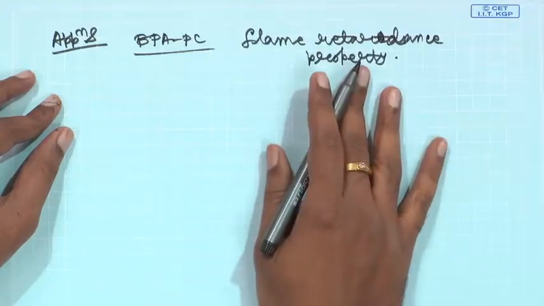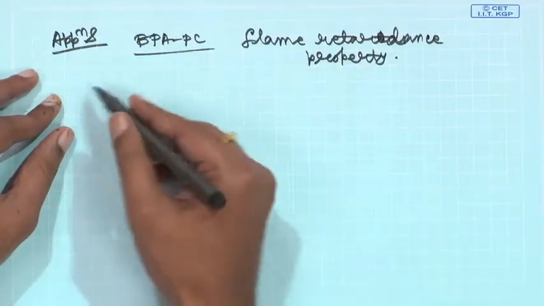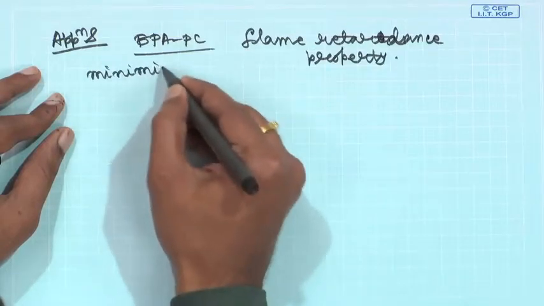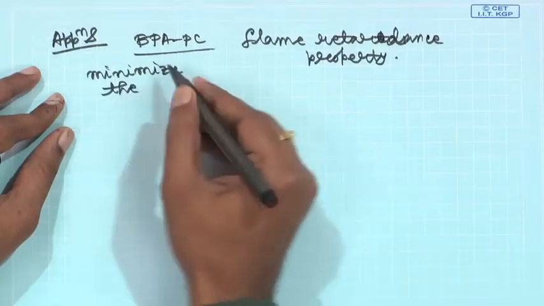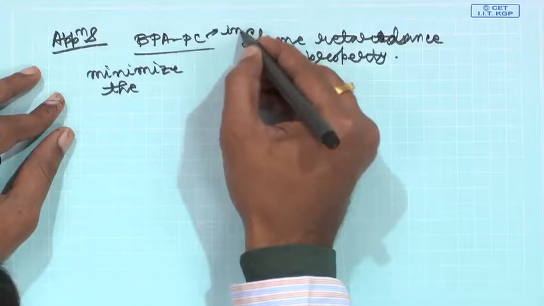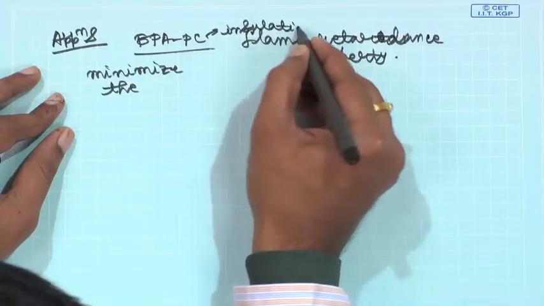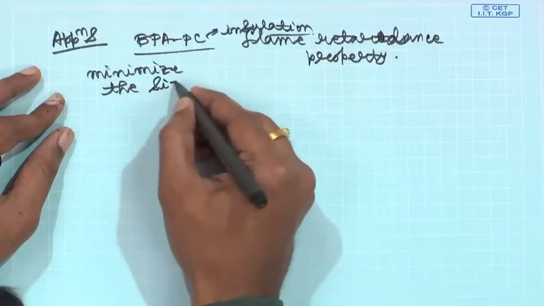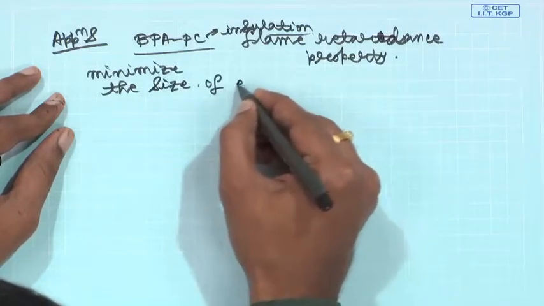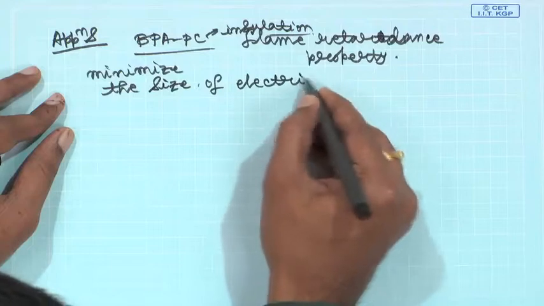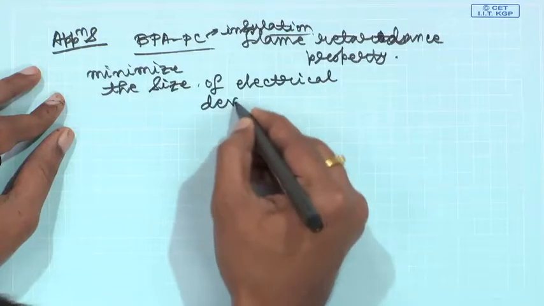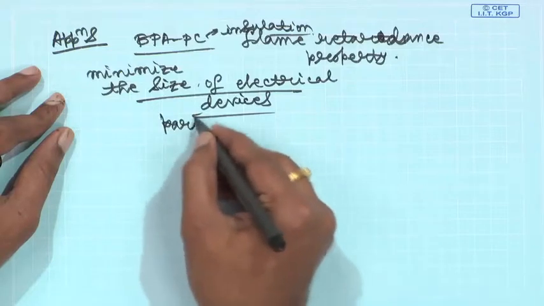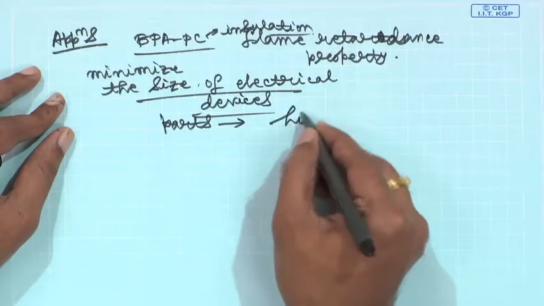Now, when you are trying to minimize the size of electrical devices, what you need are parts with high heat resistance.